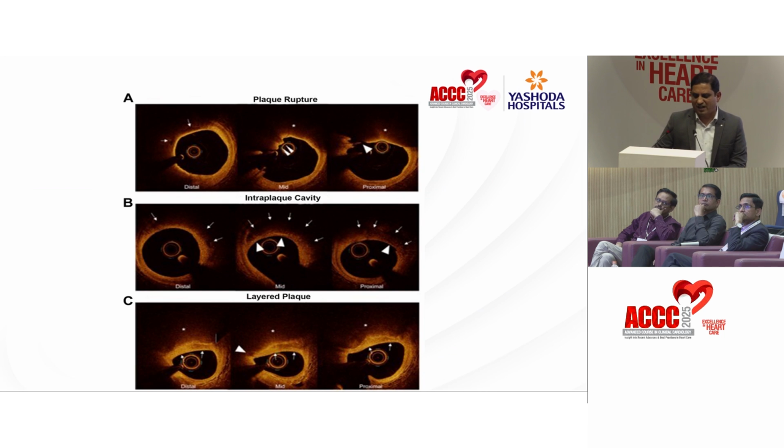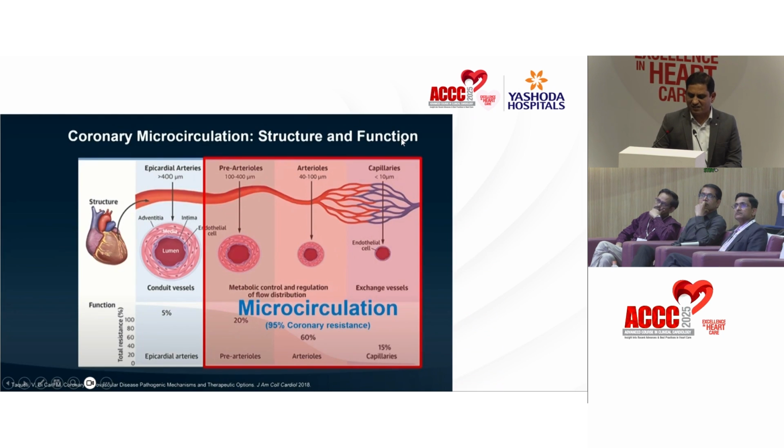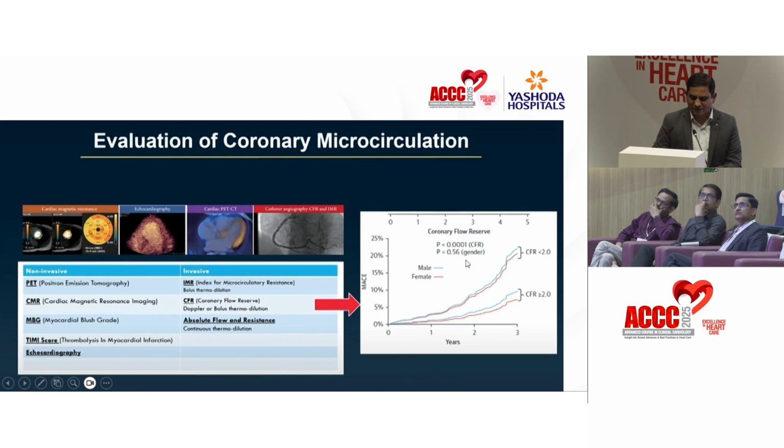So it helped to confirm the diagnosis and plan the proper management and treatment. These are other images of OCT showing different pathologies. Testing for vasospastic angina can be done with acetylcholine, and microvascular circulation, of course, may be the cause of MINOCA. It can be tested with a non-invasive modality like PET or CMR, and invasively with two parameters, IMR and CFR.